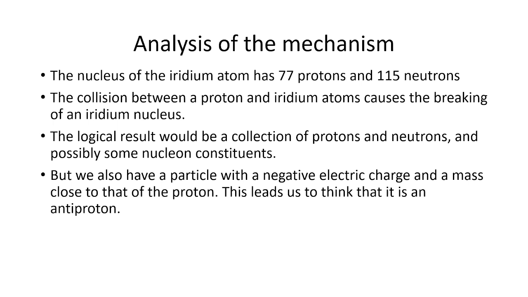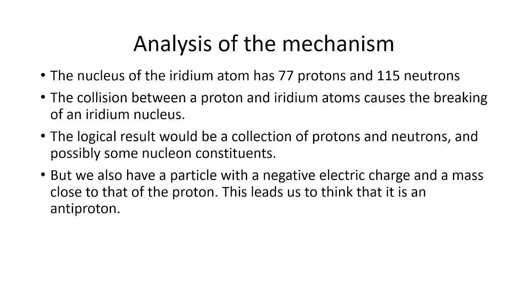Analysis of the mechanism. The nucleus of the iridium atom has 77 protons and 115 neutrons. The collision between a proton and iridium atoms causes the breaking of an iridium nucleus.